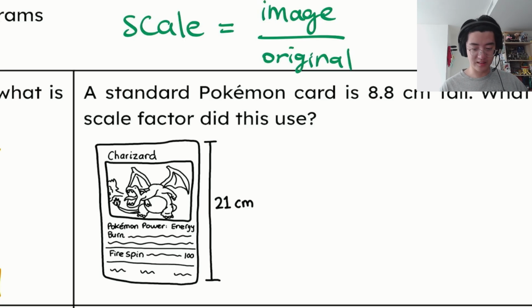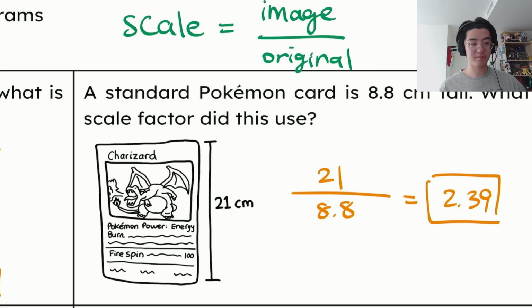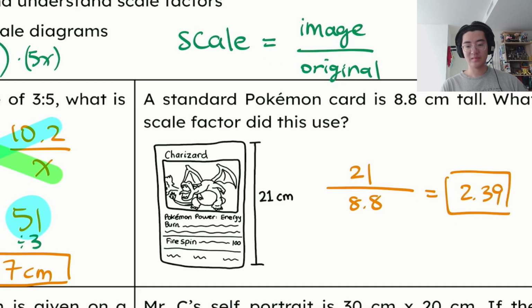So the scale is the actual size as the denominator, and then the image, which is 21. All we do is divide those to get the scale of 2.39. This one's just plugging into the formula.